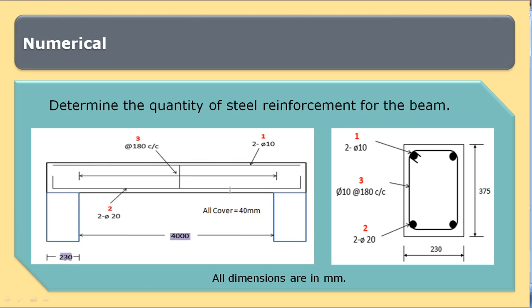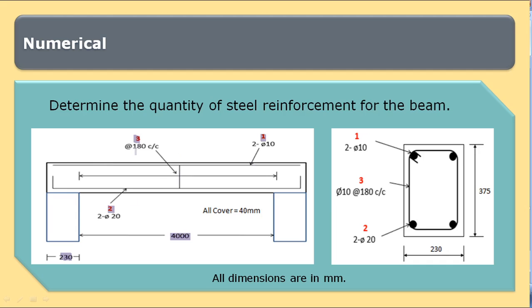This beam is composed of reinforcement items 1, 2 and 3. Item 1 is the top reinforcement, item 2 is the bottom reinforcement and item 3 is the stirrups.